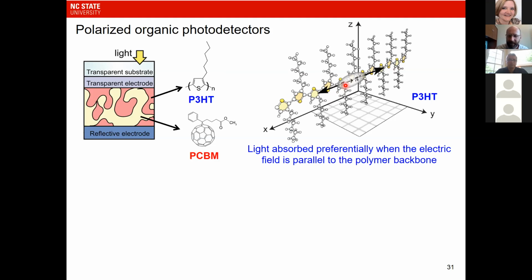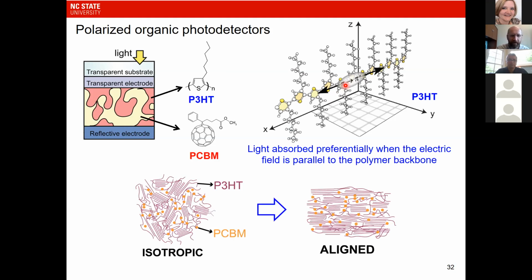Typically when you spin cast the polymer film, if we take a vertical view of this, it's oriented in all directions. But if we were able to align the polymers in the plane of the film, we could make it intrinsically polarization sensitive, and that's what we do.